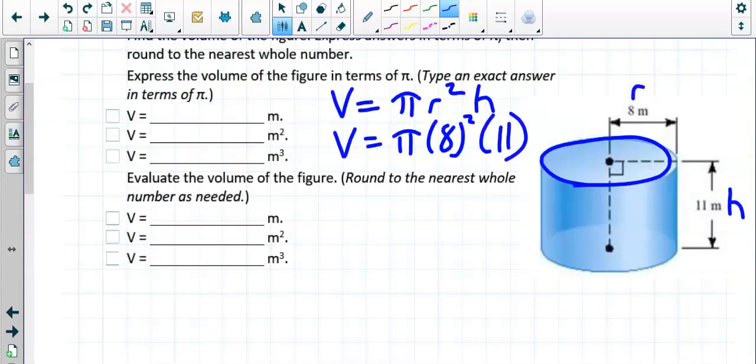And since, again, it's all about volume, look for those answers that are cubed. So we know that we're going to be working with that one and that one. So up here, this is the exact, so that's 704 pi. To get the answer down below, and again, down here, we're going to round to the nearest whole number. All we need to do is take 704 times pi.